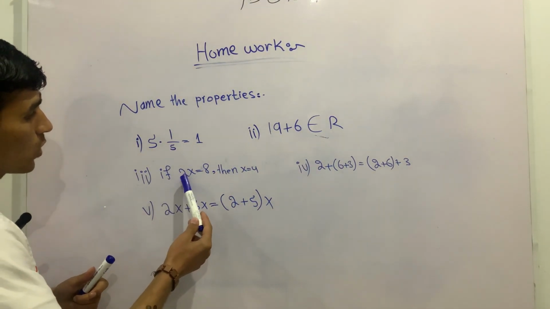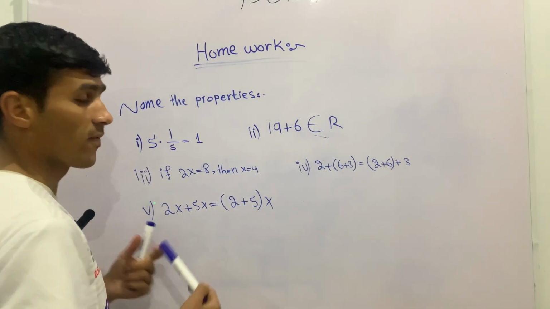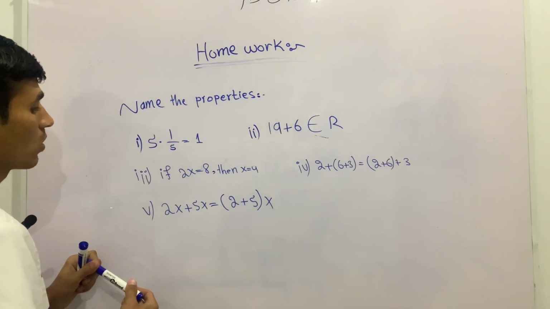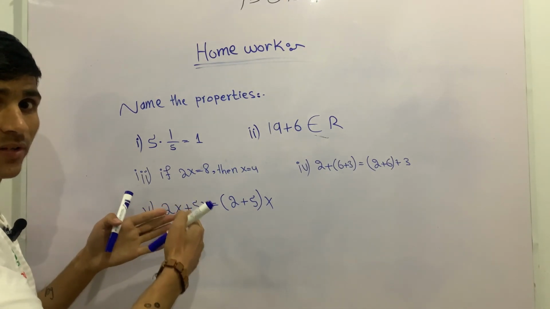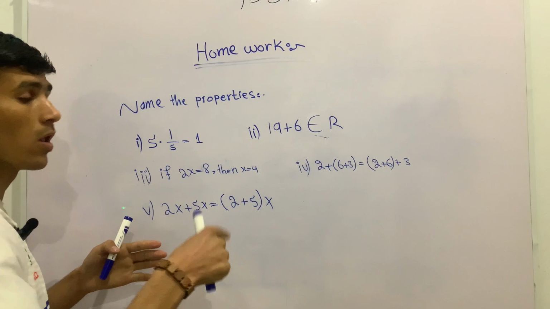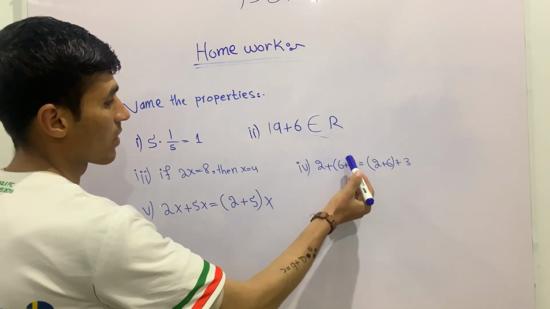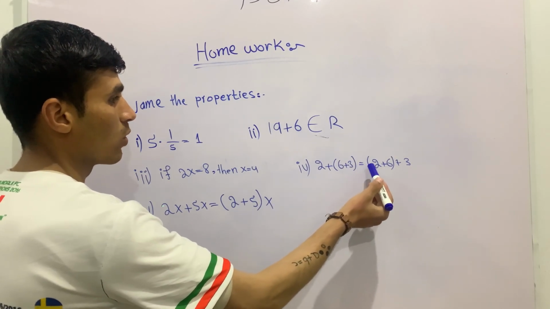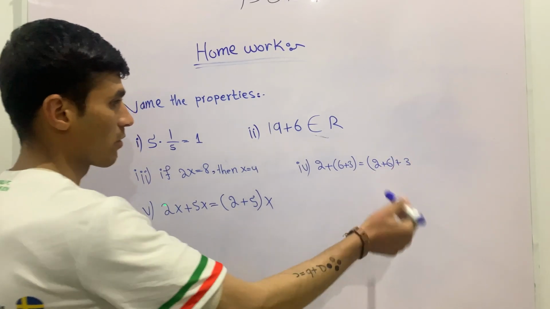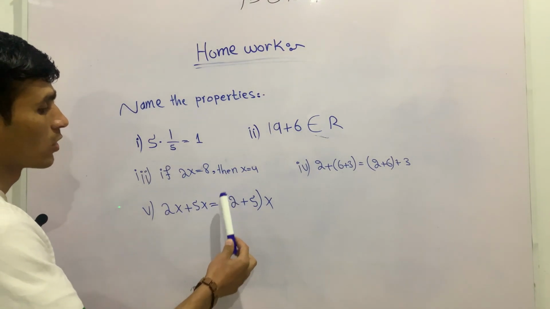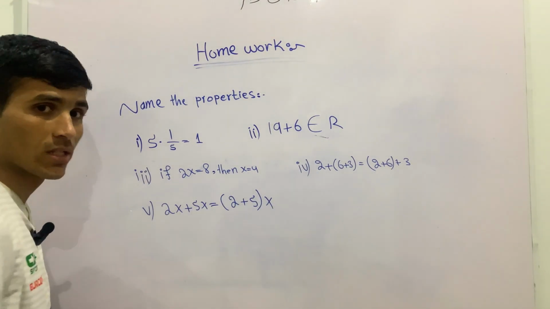Third example, if 2x equals 8, then x equals 4. Which property is this? Name this property. You could also give its proper number in the comment section below along with its name. Fourth, 2 plus parentheses 6 plus 3 parentheses equals parentheses 2 plus 6 parentheses plus 3. Which property is this? The last one is 2x plus 5x equals 2 plus 5 whole times x.